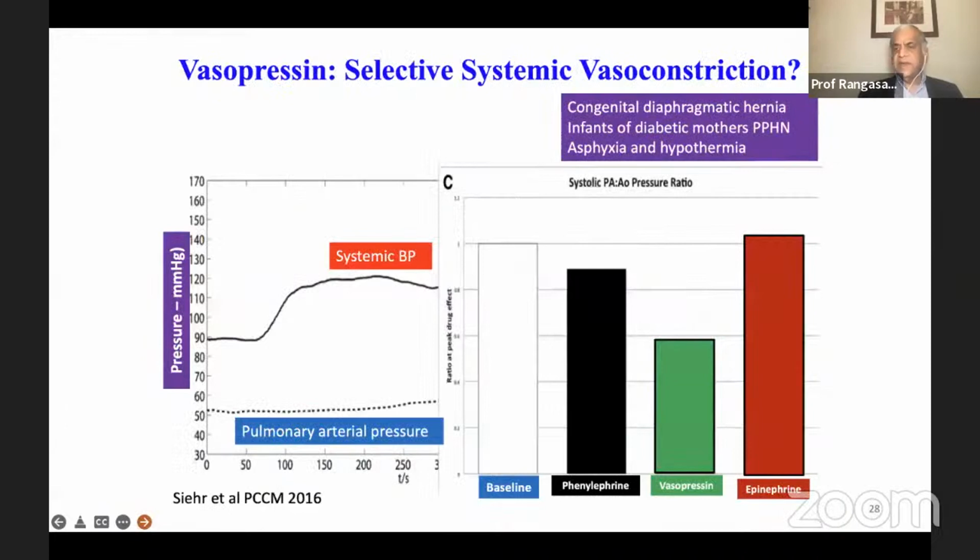What about vasopressin? Many of these with hypoxemic respiratory failure also have hypotension, systemic hypotension, either from LV dysfunction or vasodilator shock. So you want to use a drug to get the blood pressure up without increasing the pulmonary pressure. Most of the inotropes we use will also increase the pulmonary artery pressure. So you want a selective systemic vasoconstrictor. Vasopressin seems to do that. Again, very little experience in using vasopressin in hypoxemic respiratory failure and PPHN.